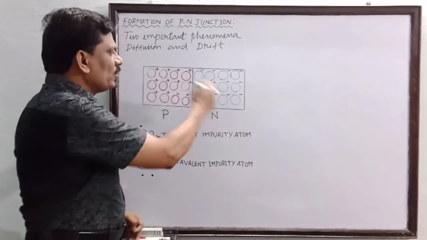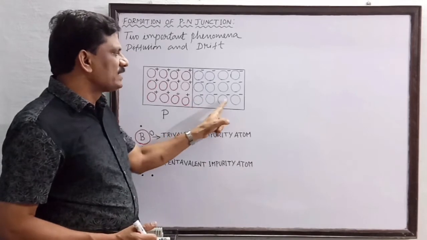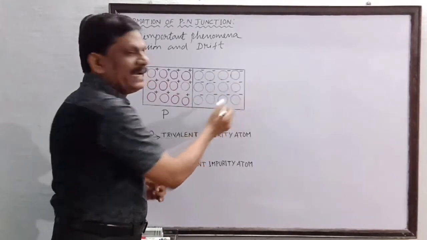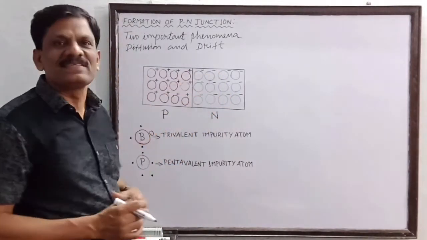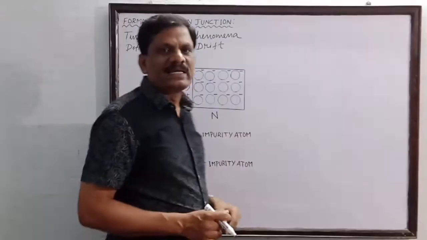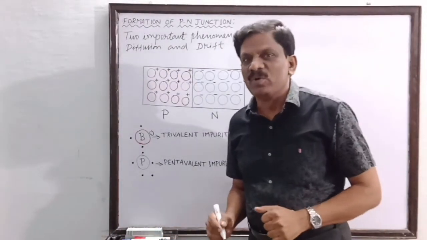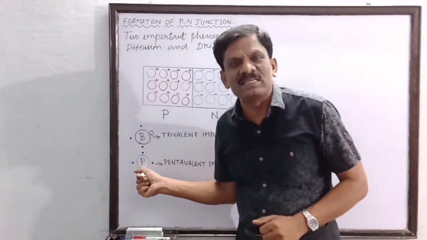Okay, now coming to the N side of the junction, you see that every blue circle is represented with one minus sign above its head. What is the meaning of a minus sign? Each blue circle is an impurity atom. What type of impurity atom I told you? It is a pentavalent impurity atom such as phosphorus.